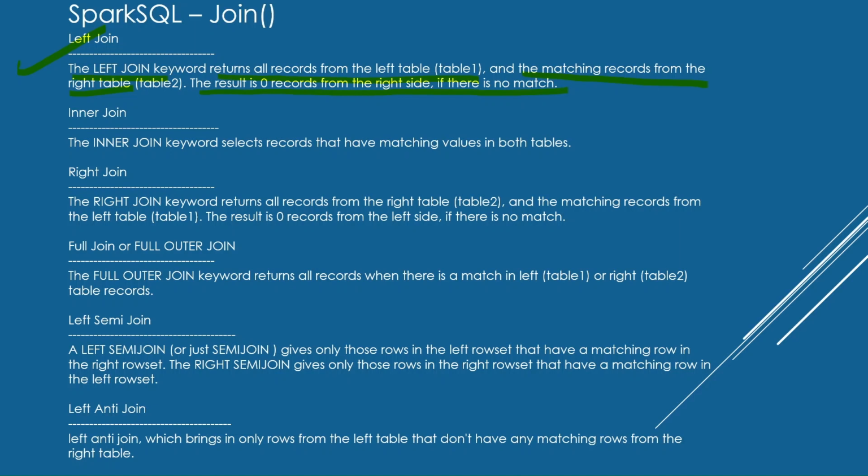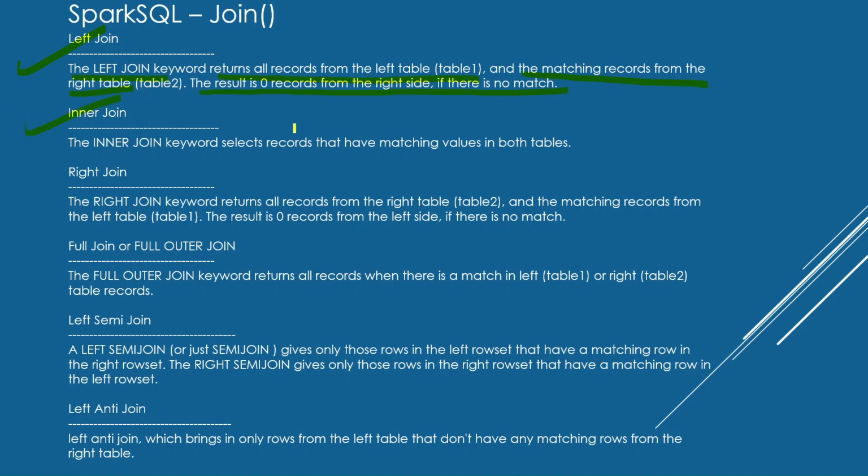It means that whenever you are going to join two tables, and if it is a left join, all the records present in the left table will come from the left table, and only the matching records will come from the right table. And if there are no matching records, then 0 records will be there from the right table, but it is going to take all the records from the left table.